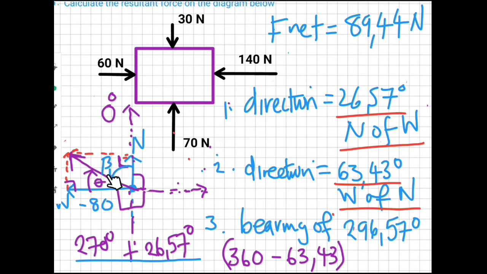So 360 minus 63,43 will still give us the same answer, the bearing of 296,57. So when you have a system of forces acting along the x, along the y, add them up, get the sum of the forces on the x, get the sum of forces on the y, use the Pythagoras and trig method, and you'll be able to solve that problem.